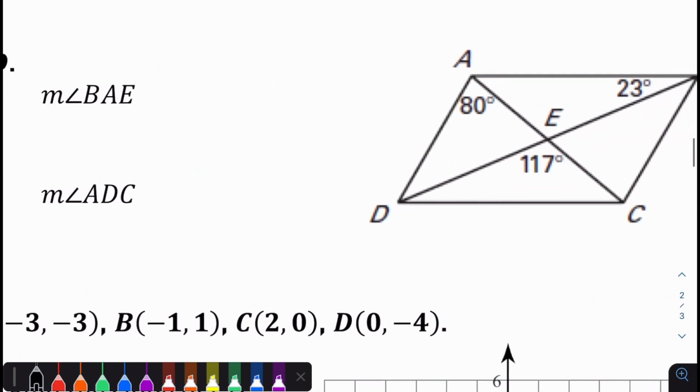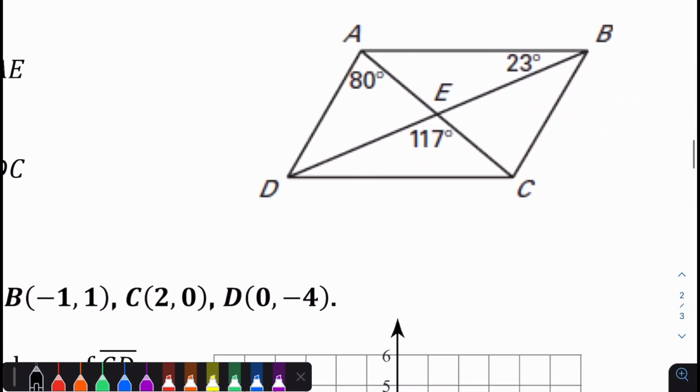The measure of angle B. You knew I was going to say it. So that's BAE. Well, I just found 117 here. And I know that this angle plus this one plus that one must equal 180 because this forms a triangle.